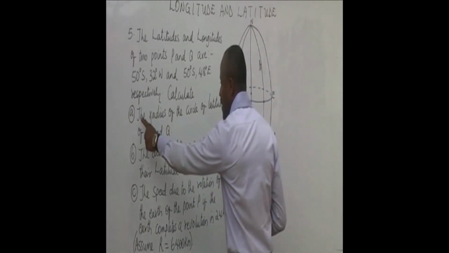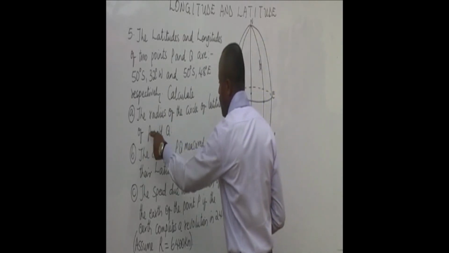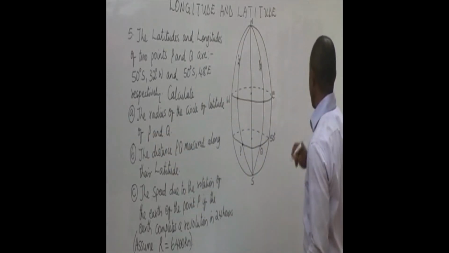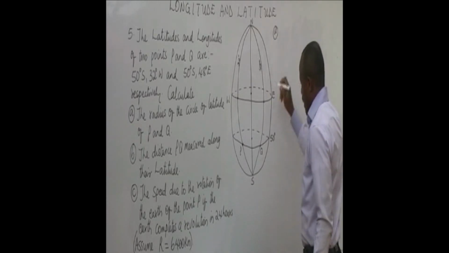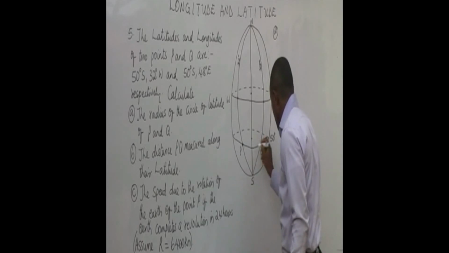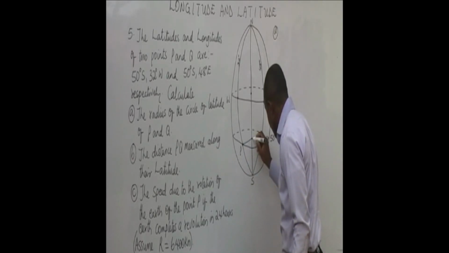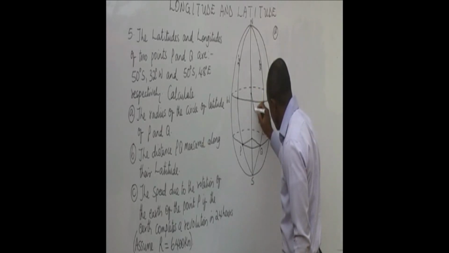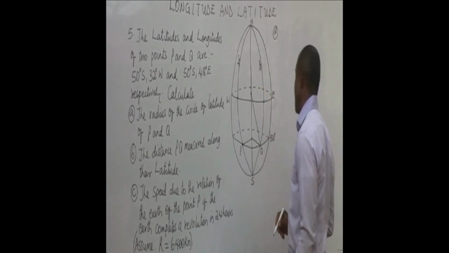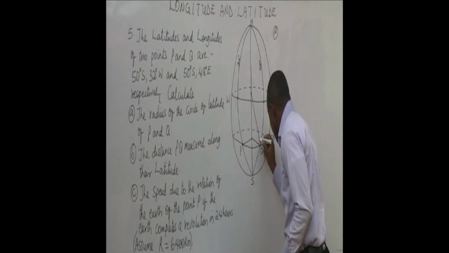Now the question says A, calculate the radius of the circle of latitude of P and Q. These 2 points make this angle to the center of their circle of latitude, and they have this connection to the center of the earth, where this place is theta.